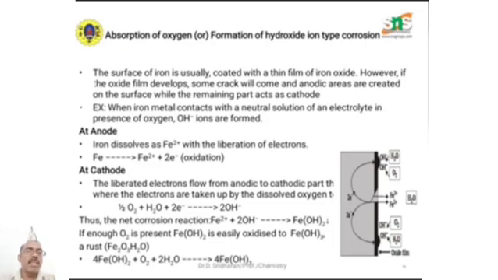The net corrosion reaction gives the formation of the product Fe(OH)2. When oxygen is present, Fe(OH)2 is easily oxidized further to Fe(OH)3, the rust formation Fe2O3 with water molecules. So Fe(OH)2 plus oxygen, with further oxidation in the presence of moisture, gives Fe(OH)3.